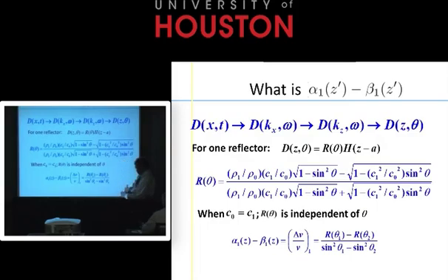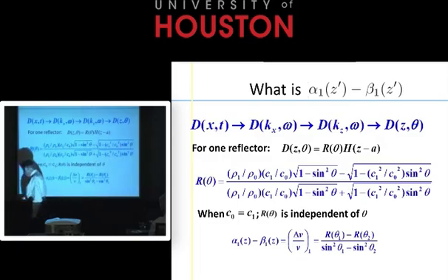If you have only density changing, then C0 is C1. Then this factor, 1 minus sine squared, factors out. This is 1 minus sine squared, and they cancel. Then you get the reflection coefficient is independent of angle. If you have a density change and not velocity, R is independent of angle.